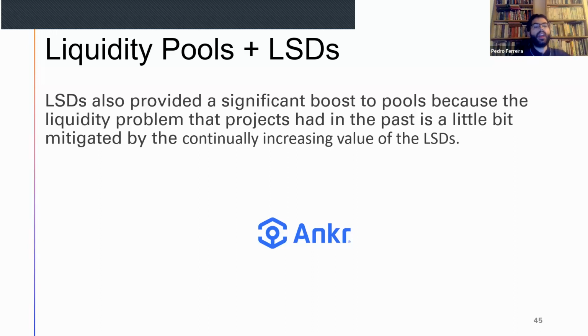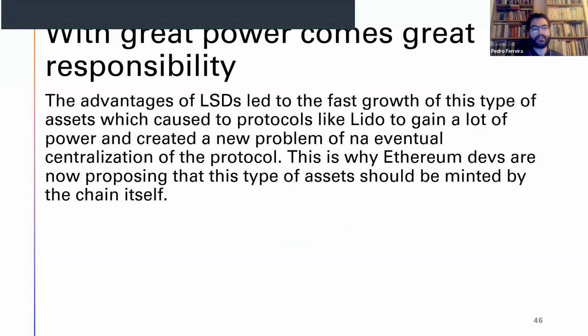Even if there are no trades in your pool, as you are pairing with the liquid staking derivative, your pool is increasing in value in dollars, because you are always receiving the yield. It may be higher or lower depending on the liquidity staking derivatives that exist in the pool, but technically you are increasing the amount of value that you have in the pool.